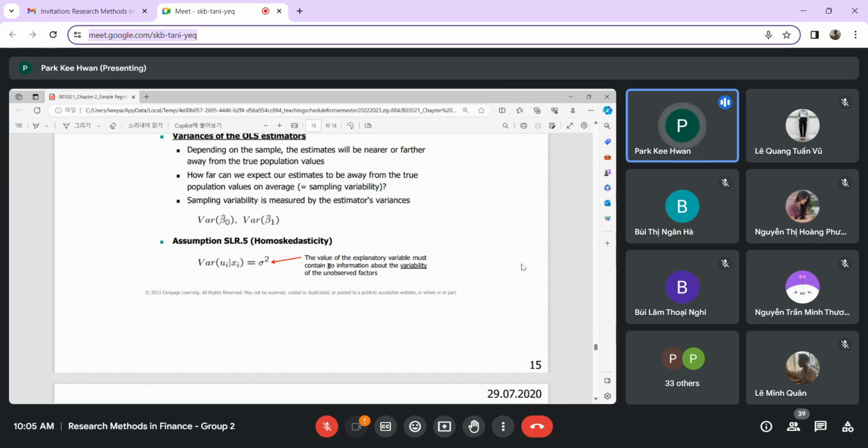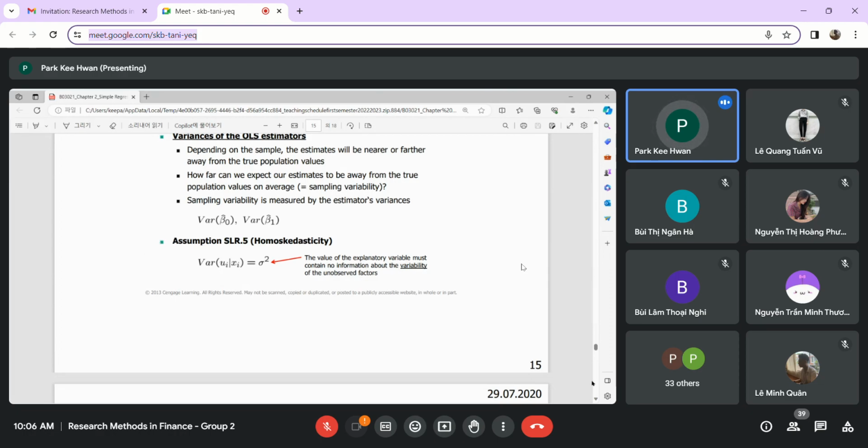In other words, the value of the explanatory variable xi must contain no information about the variability of the unobserved factor. So the variability of ui, the error, has nothing to do with the explanatory variable. That's what homoscedasticity of the error says.